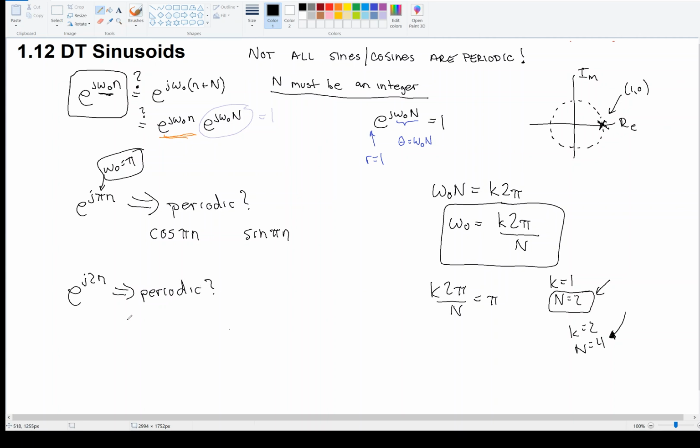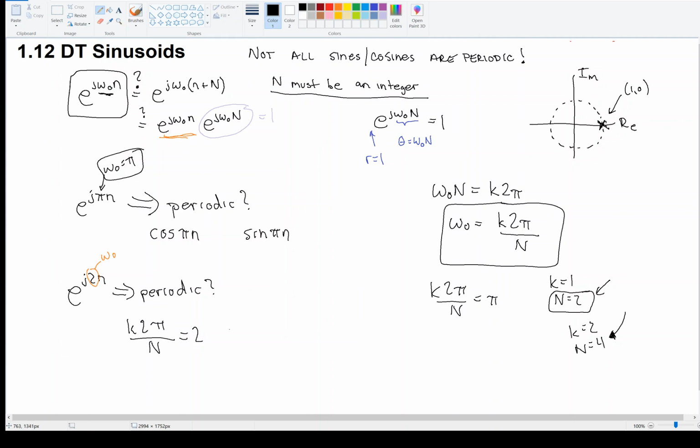Okay, well, can I choose integers k and N to give me 2 this time? Because I look at the constant that's multiplying j and n. The constant is omega 0. That's 2 in this case. So the boxed equation that I've got here says, okay, k 2 pi over N has to equal 2. So are there integers k and N that will satisfy this?